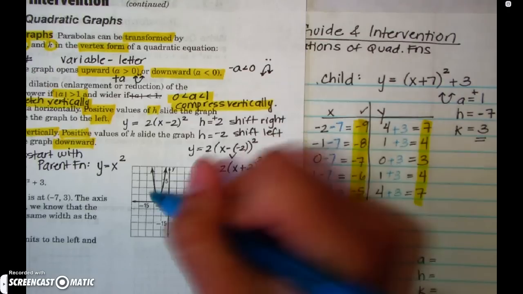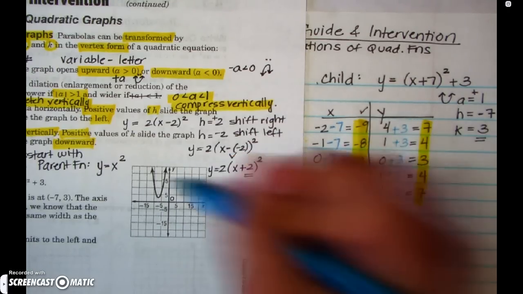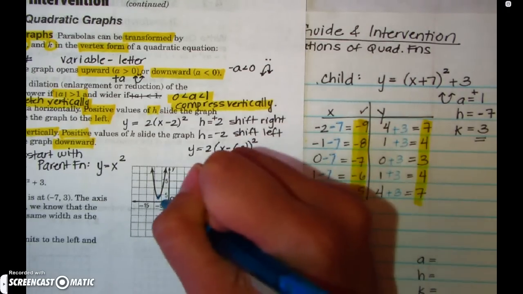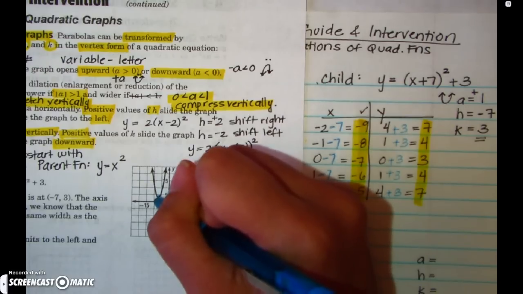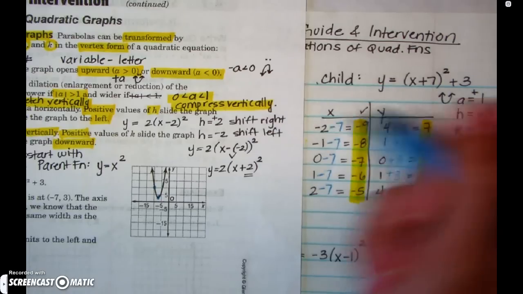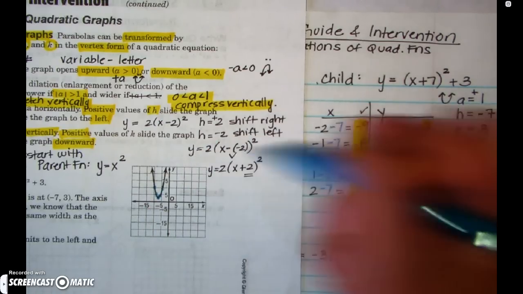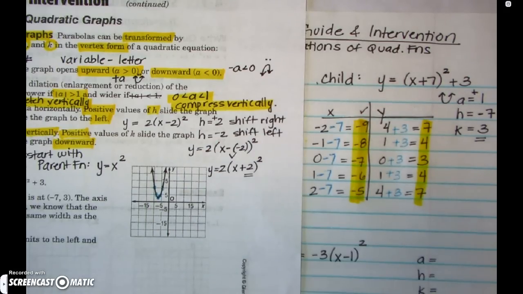Let me see, (-7, 3), and then (-6, 4). No, sorry, it's too small. That's why I didn't like it. But you get the idea. Okay, so let's look at the next example, which is exercise number 2.